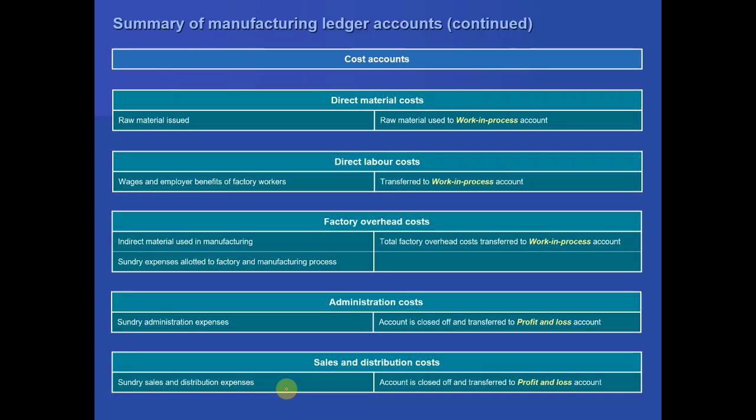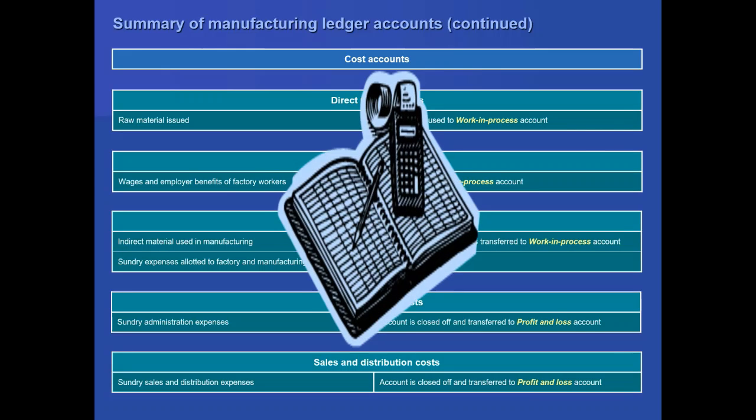End of period. Similarly, then, as for administration costs, we will get rid of this account to the profit and loss account, our final account, which will be debited.